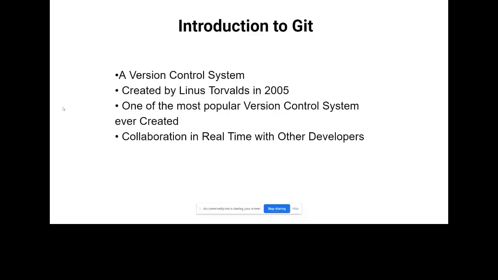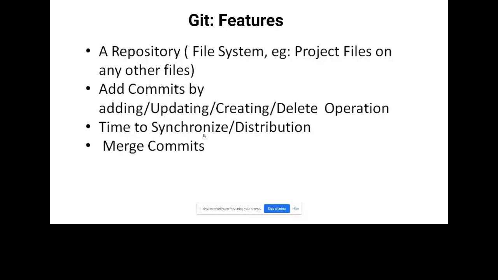Git was created by Linus Torvalds in 2005, and it is one of the most popular version control systems ever created. Like Git, there are many other version control systems, and I cannot list more of them. What Git provides us is real-time collaboration with other developers, as we discussed in version control. So what are the features of Git?